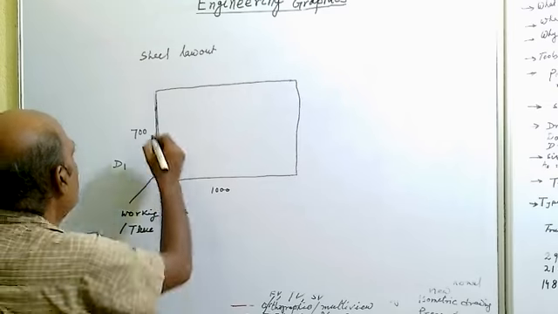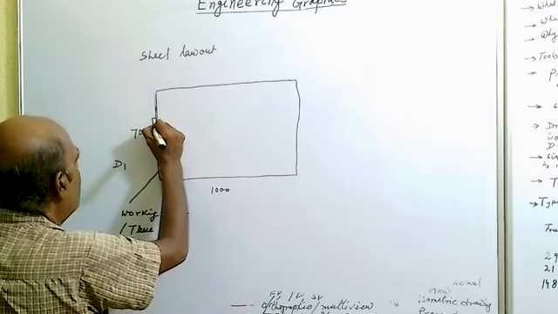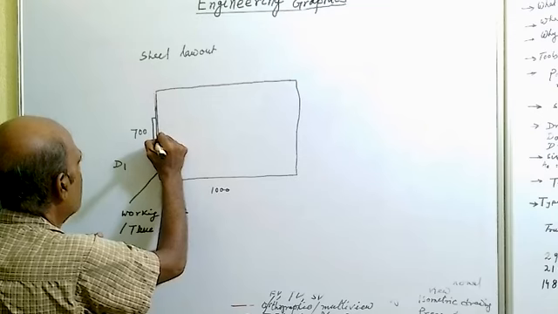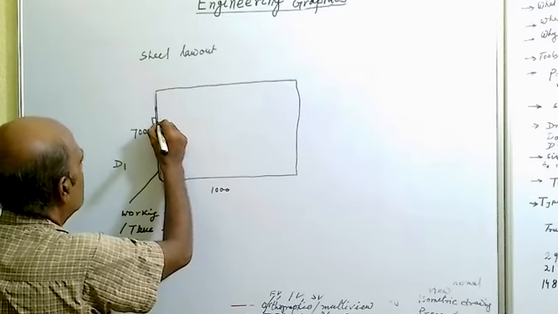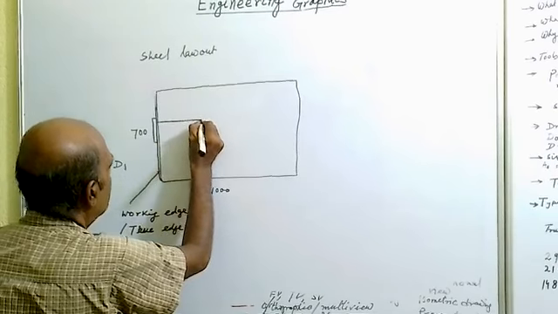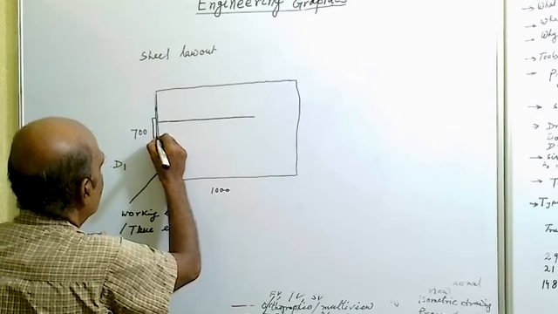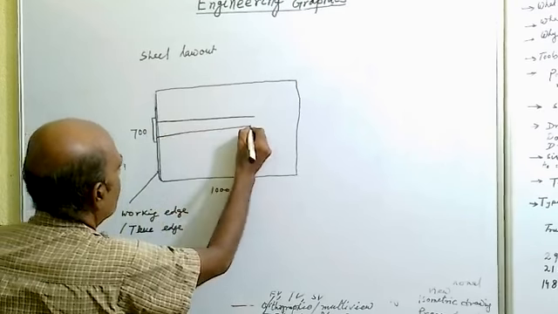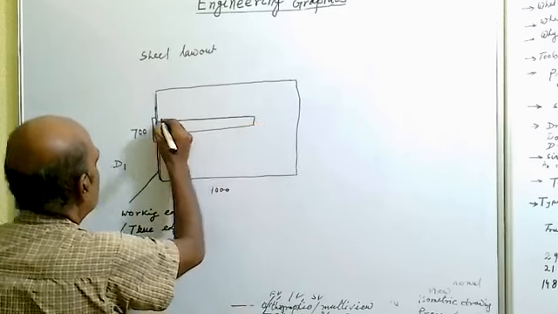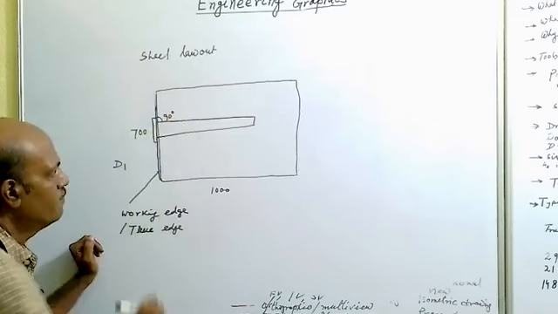So when we will place our T-square here, the head of T-square, the upper edge of this T-square will produce a horizontal line. So this angle will be exactly 90 degree.